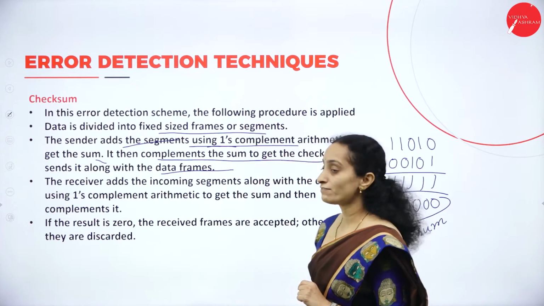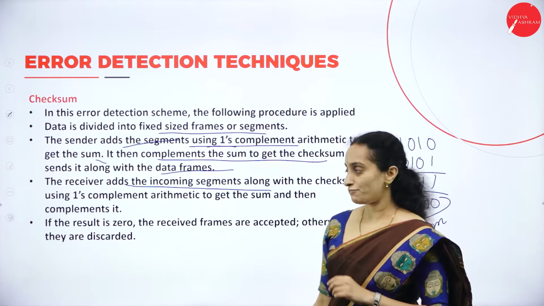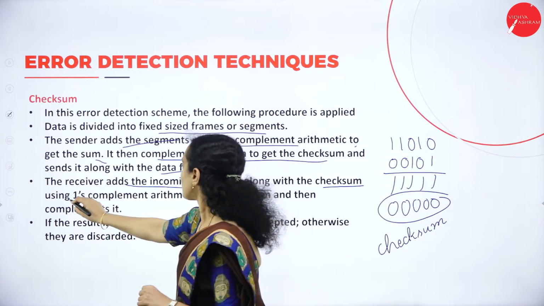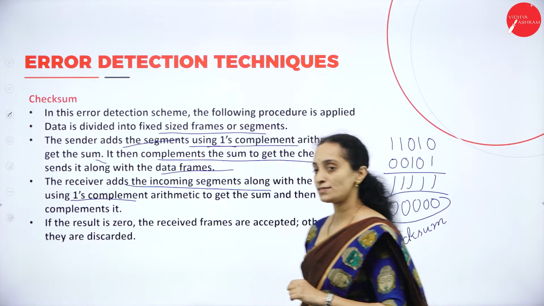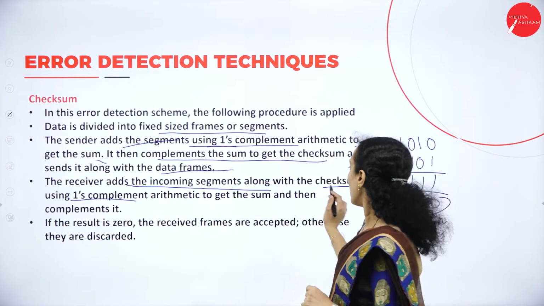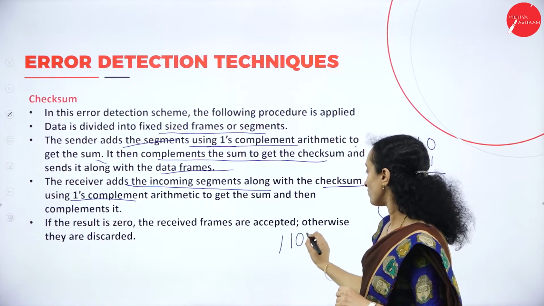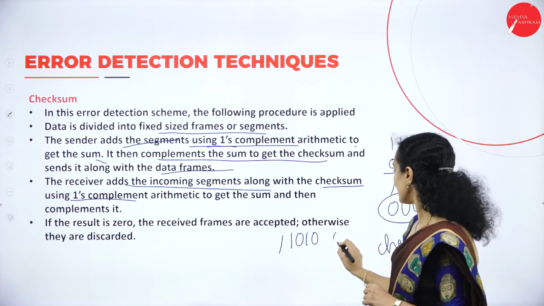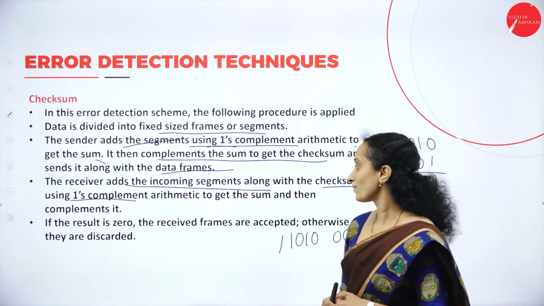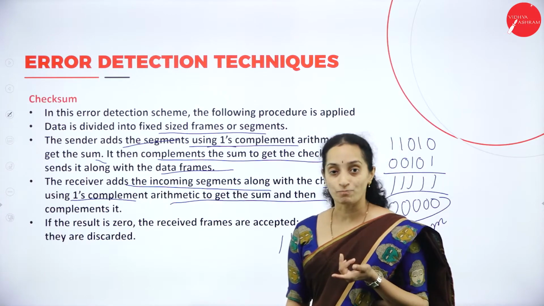What will the receiver do now? The receiver adds the incoming segments, all the frames, along with the checksum using the ones complement. Okay, adds the incoming segments along with the checksum. Along with this 11010, it will get the checksum, zeros. Okay, using ones complement arithmetic to get the sum and then complements it.